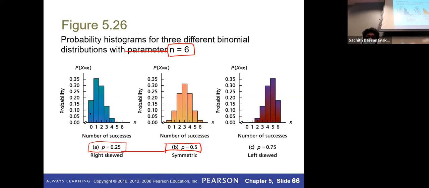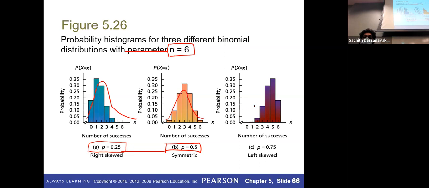In the first one you can see it is right skewed. In the second one, the probability of success equals 0.5, which means 1/2, it is a symmetric bell shape, right? It's a bell shape.